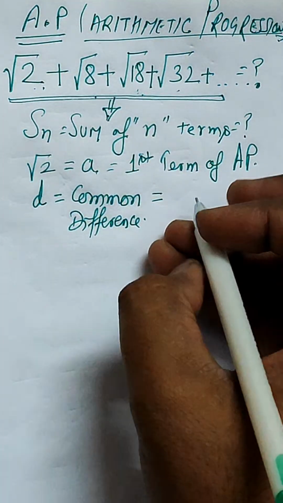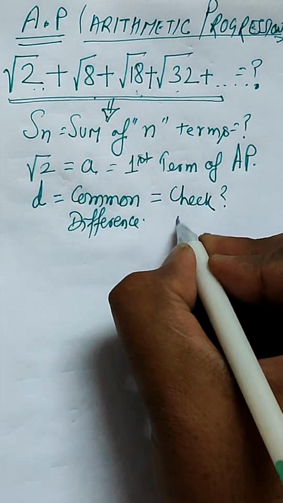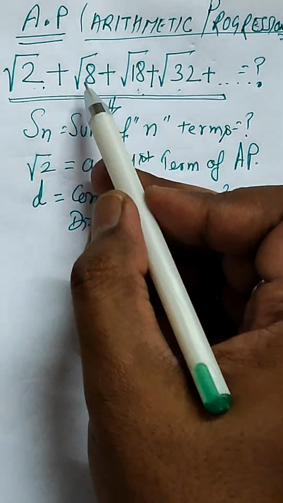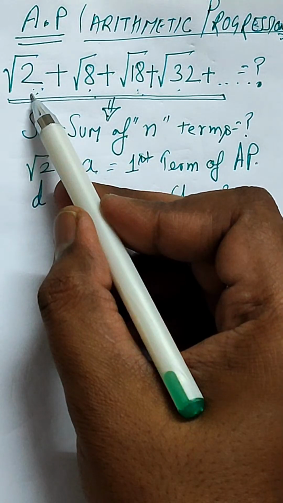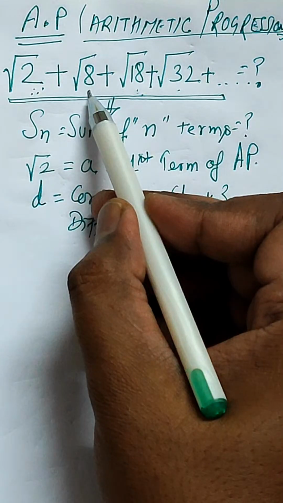So let us check whether AP or not. To check this, we just subtract the first term from its successive term to get the common difference.